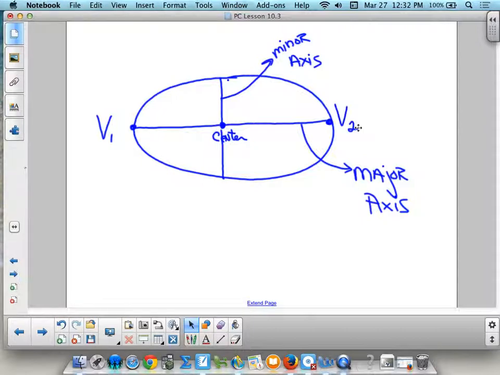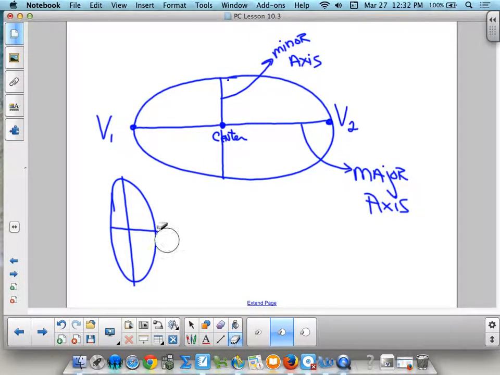We don't call them vertices. But vertices are going to be found on the what axis? Major. It could be X. It could be Y. See, I can draw this thing like this. If I drew it like this, here's the major axis. Here's the minor. We'll get into this later, but I just wanted you to see that.